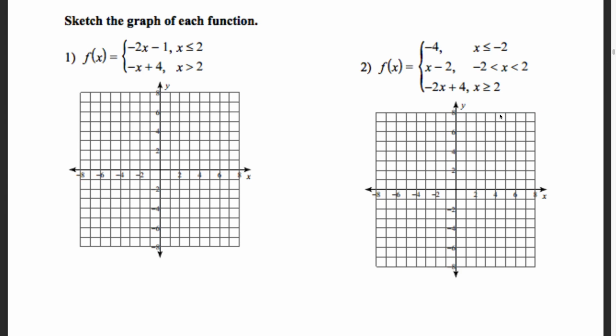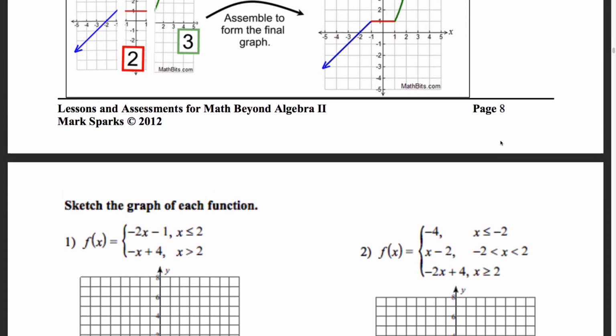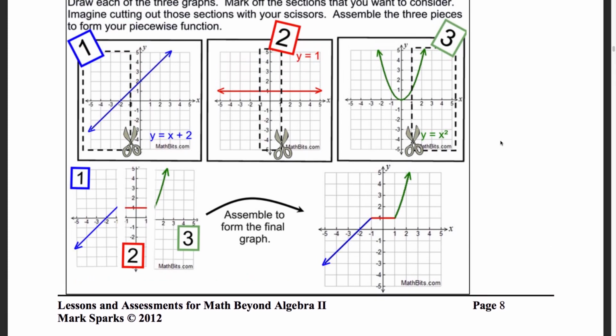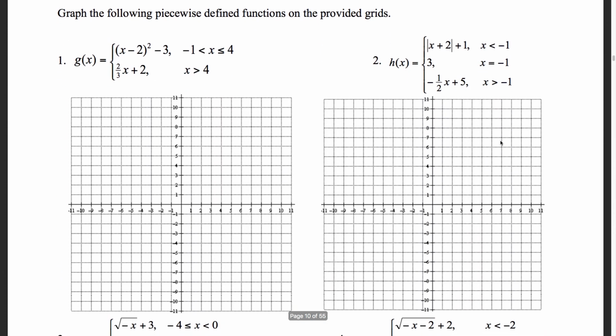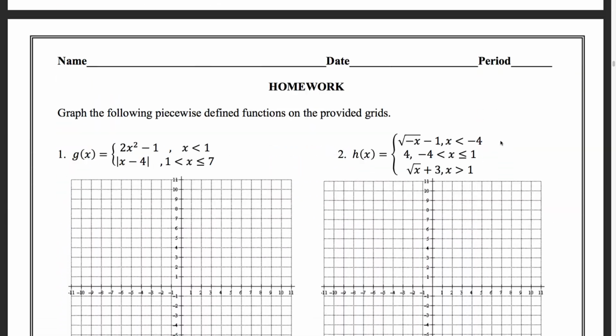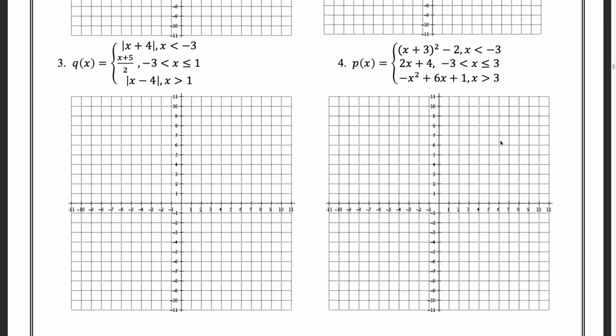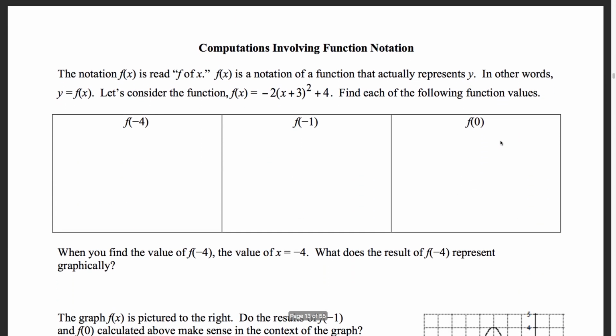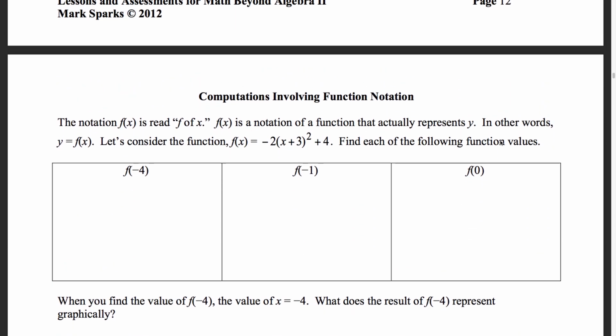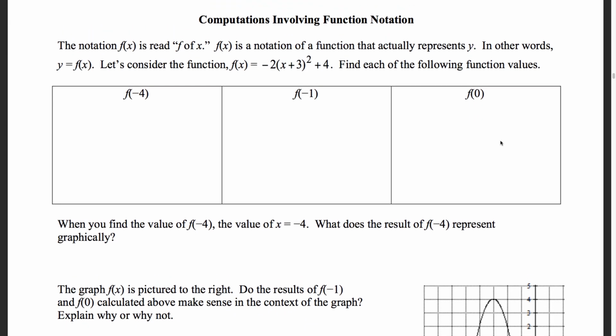All right, now let's talk about what we're going to skip here, because I didn't realize when I printed this that there was a piecewise function section. We're not going to deal with piecewise functions today. Let's scribble them out. We might come back to them when we get into spring semester. We're going to skip all the way to page 13. Computations involving function notation.